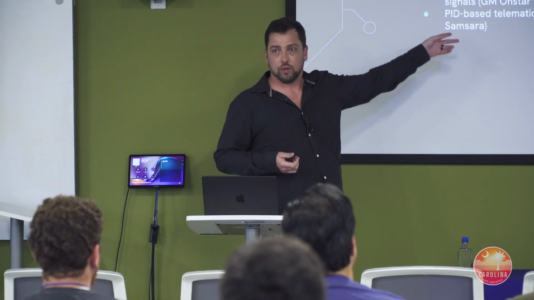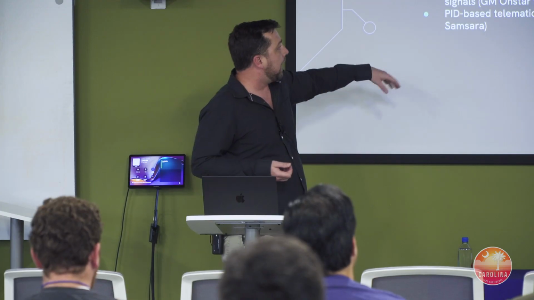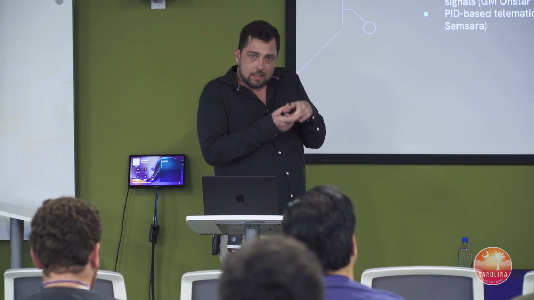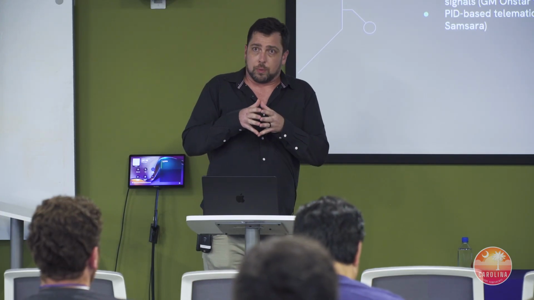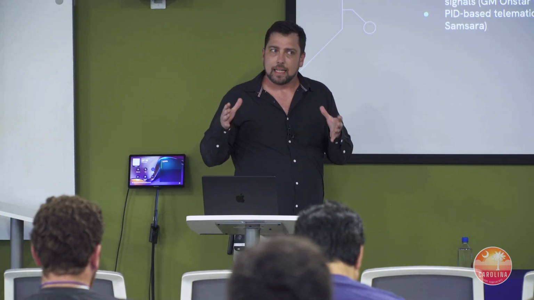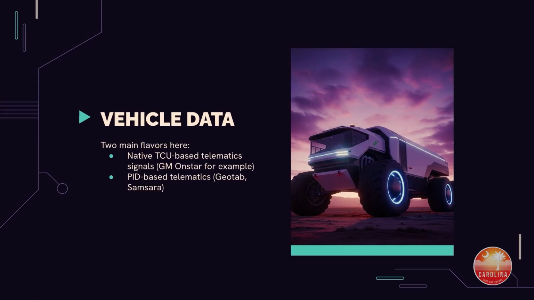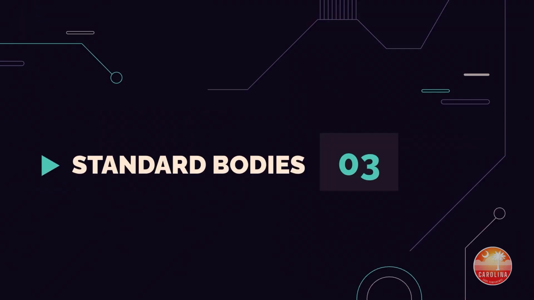Unless you're heavily involved in the commercial fleet space, you probably haven't heard of them, but they're quiet unicorns, like billion-dollar companies that provide PID-based telematics, which is just a little rectangle like this with a cell modem in it. Plug it into your OBD2 port on your vehicle, and it starts sending data up to the cloud. You can build integrations against that. You can install that across multiple makes, so you can get multi-make data flowing into your system. That's how that works. So, short recap, charger data, vehicle data, 2 most important things there.